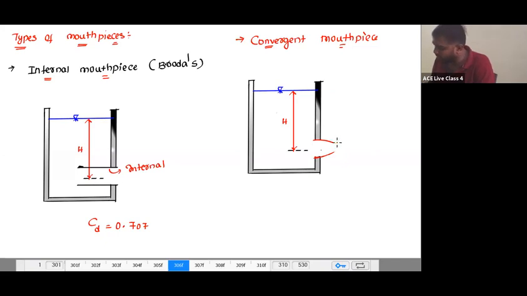If it converges over here like this, then the flow forms, so this takes care of the vena contracta section. The flow directly enters over here, and then the jet falls like this. So in the case of the convergent mouthpiece, CD is practically 0.975, the largest one.